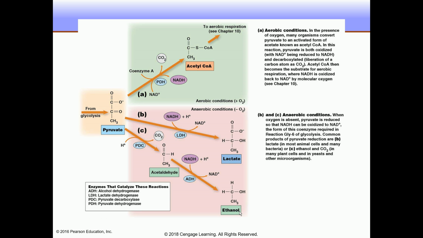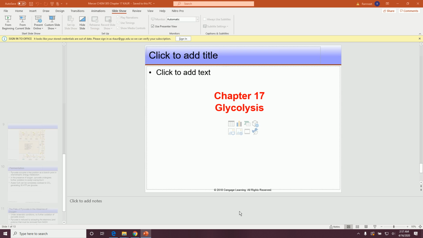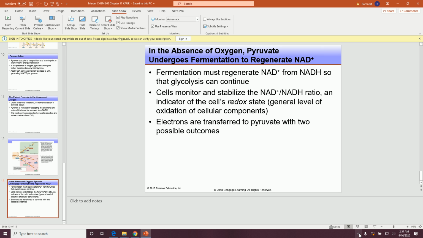If you have made bread at home using yeast, that process involves ethanol fermentation. Ethanol fermentation is also the process by which wines, beers, and all these alcoholic beverages are made. So that's all for this chapter, and if you have a question, please let me know.